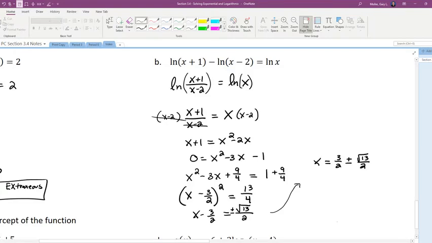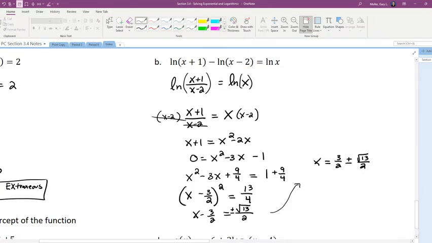Okay, let's take a look at our possible answers. First of all, x is going to have to be a positive number or we're in trouble. Also, x has to be a number that is bigger than 2, because otherwise I get 2 minus 2 is 0, and that's a problem, or it becomes negative if it's less than 2. x has to be bigger than negative 1, but we already just said x has to be bigger than 2, so we're kind of covered there.